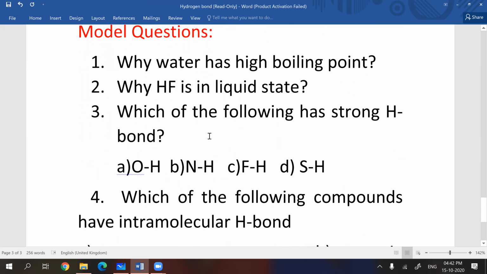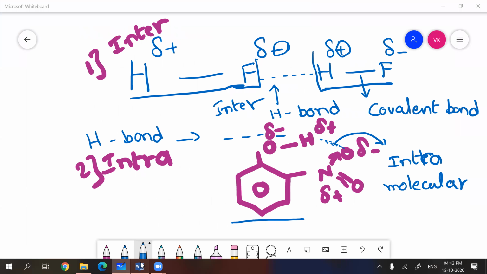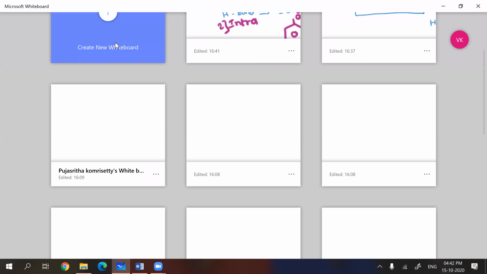Here I gave you a few model questions on this concept. Why does water have a high boiling point? The reason is the same again: between water molecules, there exists hydrogen bond. Let me show you how hydrogen bond is present in water. A water molecule has a bent shape like this, and each hydrogen is attached to highly electronegative oxygen.